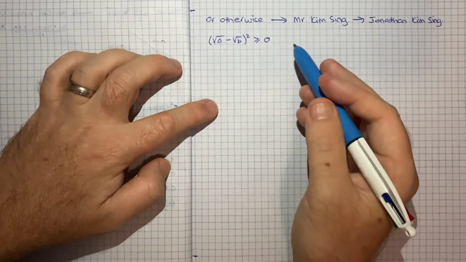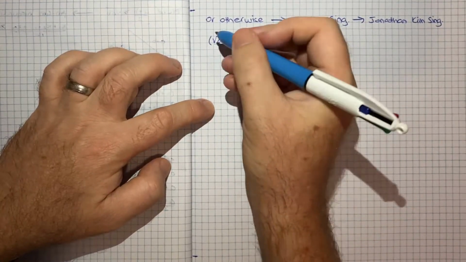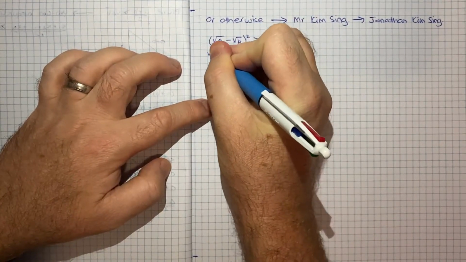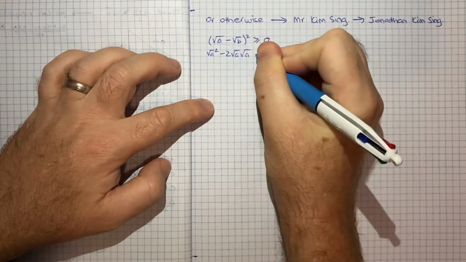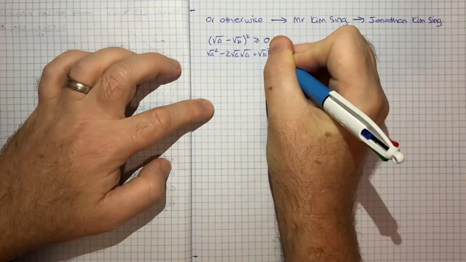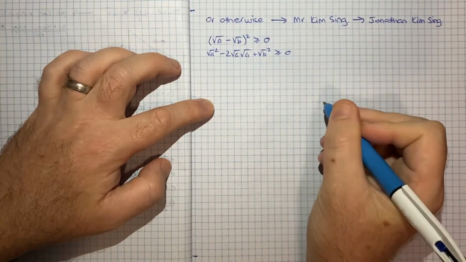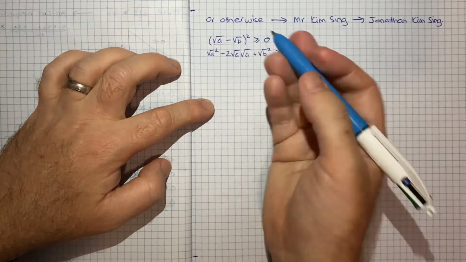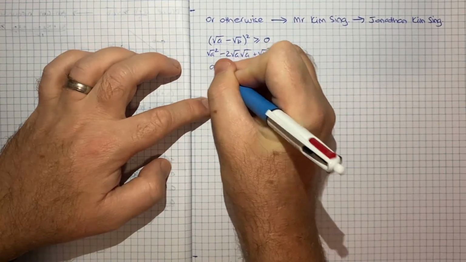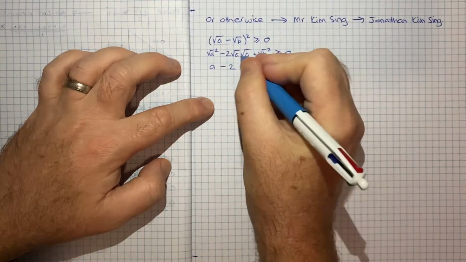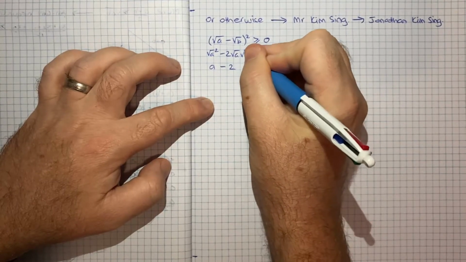But from here, it's a simple expansion. So we do the first one squared, minus twice the product, plus the last one squared. And now the square root of anything squared just gives you what's under the square root. So we'll have a minus 2, and oops, that's root a times root b.